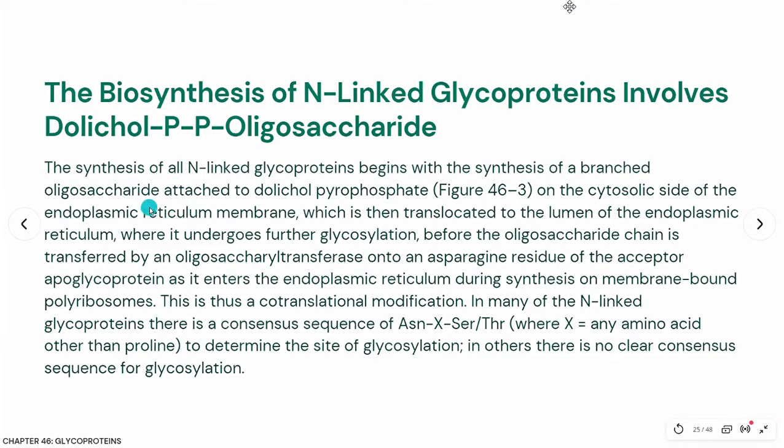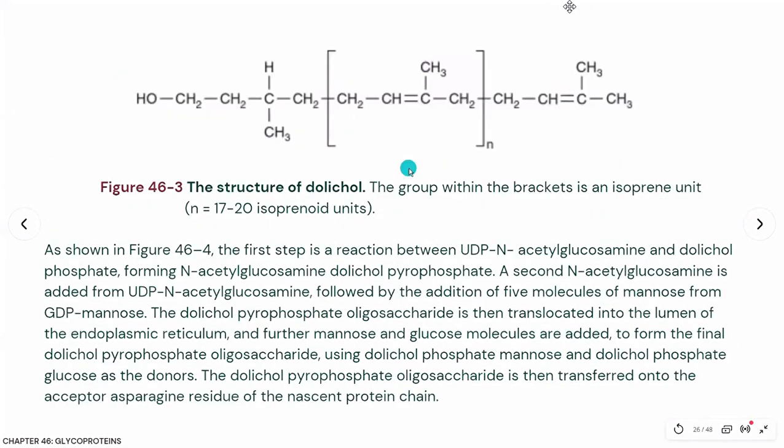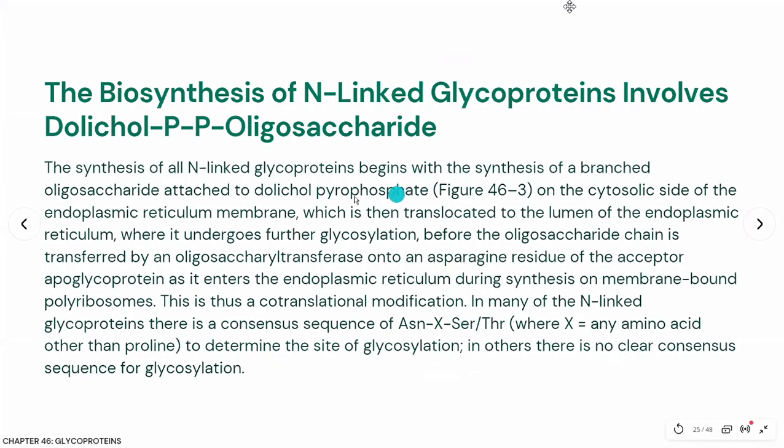So all nitrogen-linked glycoproteins begin with the synthesis of a branched oligosaccharide attached to dolichol pyrophosphate on the cytosolic side of the endoplasmic reticulum, which is then transferred or translocated to the lumen of the endoplasmic reticulum, where it undergoes further addition of glucose or sugar, glycosylation, before the oligosaccharide chain is transferred by your transferase into the asparagine residue of the protein, the apoprotein.